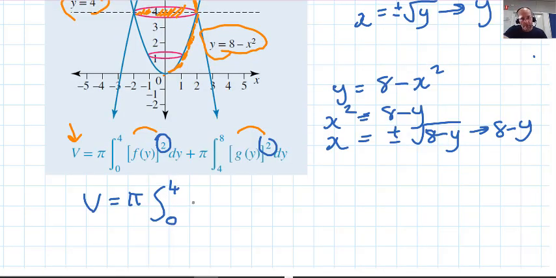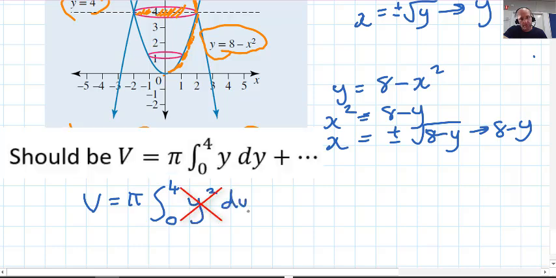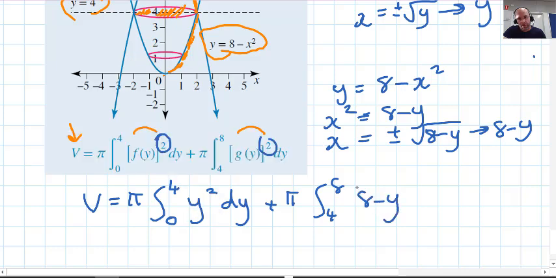So putting that in, we have pi times the integral for y between 0 and 4 of y dy plus pi times the integral from 4 to 8 of 8 minus y dy. We integrate that, and I'll do that quickly.